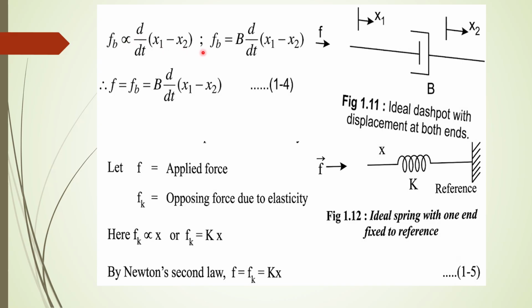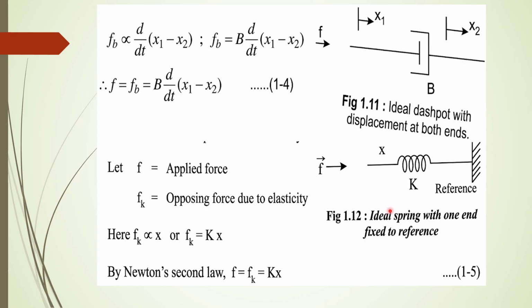So the equation will be written as Fb equals b times d over dt of x1 minus x2. Based upon Newton's second law, we can write F, the applied force, equals opposing force Fb, which equals b times d over dt of x1 minus x2.